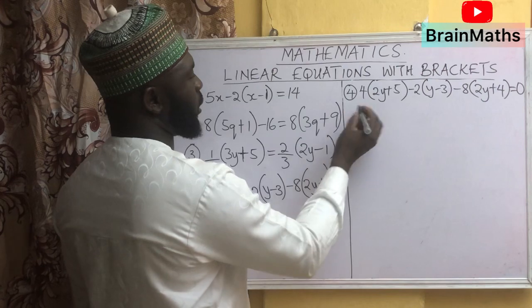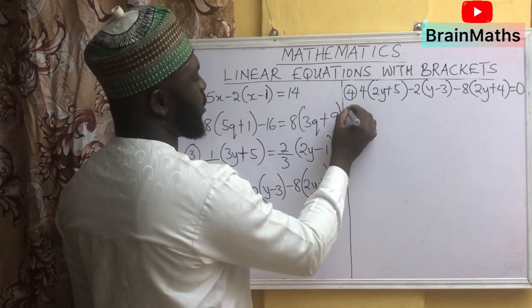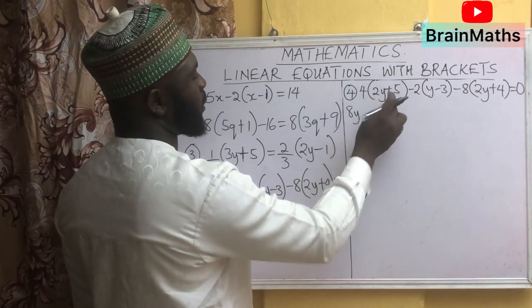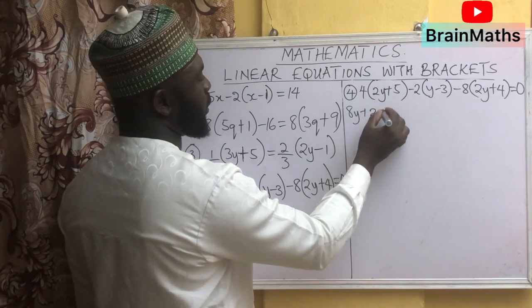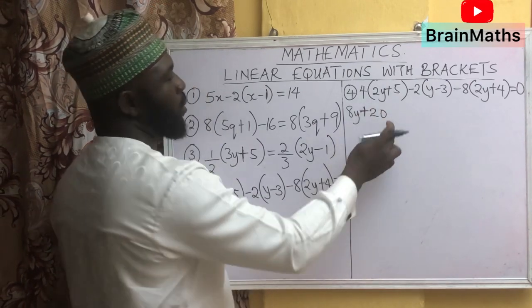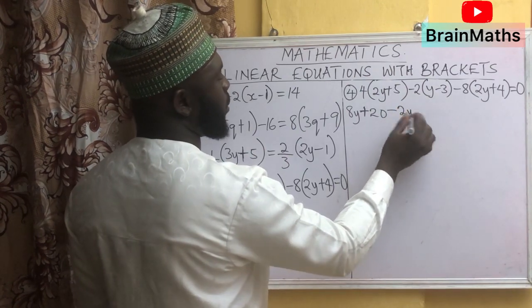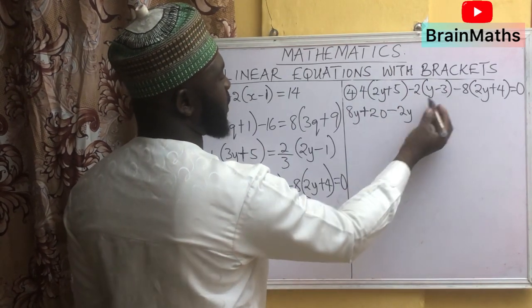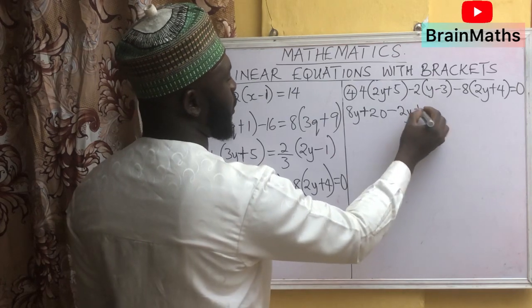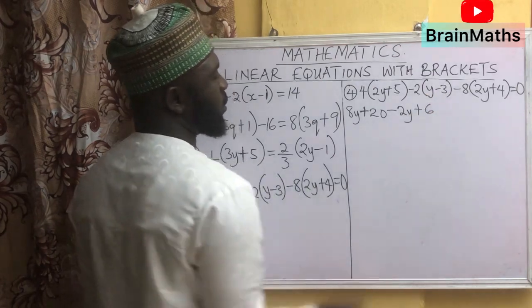So the first one is 4. 4 times 2y, 8y, 4 times 5 plus 20, minus 2 times y. That will give minus 2y, minus 2 times minus 3. Minus times minus will give plus 2 times 3, 6.